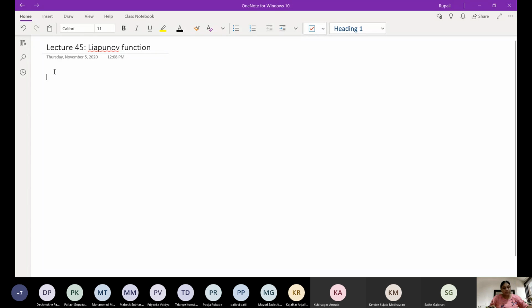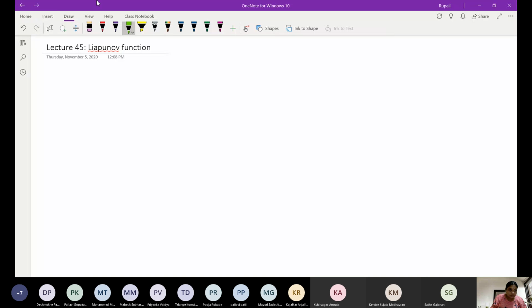First we will define what a Liapunov function is. Liapunov is a mathematician, and the name has been given to that function as Liapunov function.